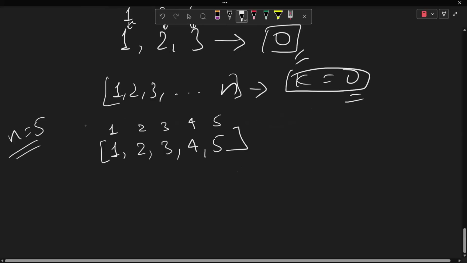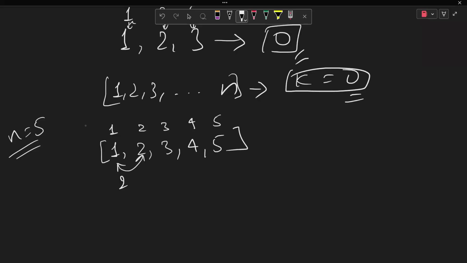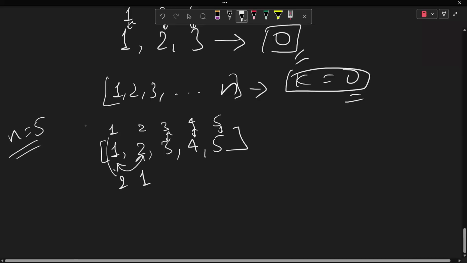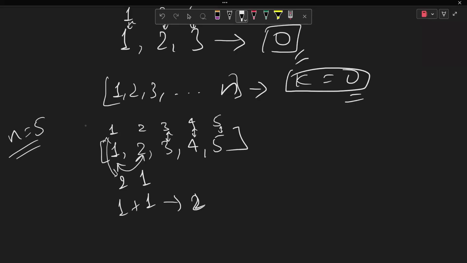Now, how can you increase the Manhattan value of this permutation? Let's say you swapped these two. You would make 2 here, 1 here. Rest elements would remain the same, so Manhattan values at those positions would remain 0. But at these positions, the difference between 1 and 2 is 1, and the difference between 2 and 1 is 1. We would have a Manhattan value of 2 here.